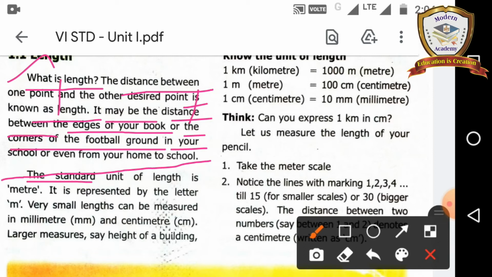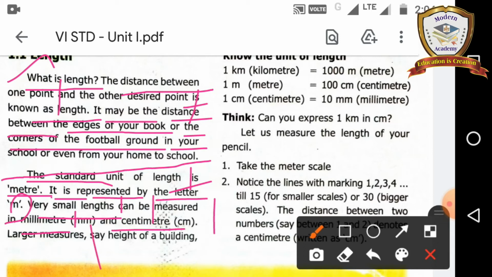The standard unit of length is meter. It is represented by the letter m. Very small lengths can be measured in millimeter and centimeter.